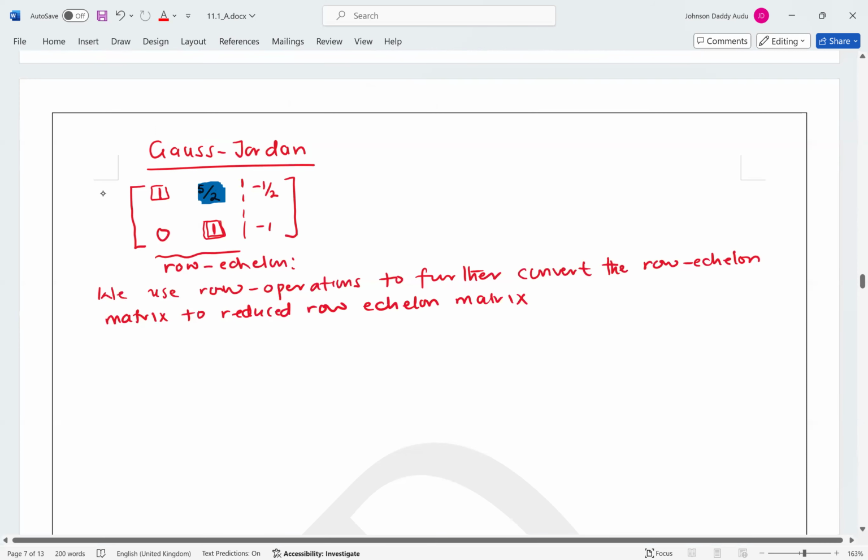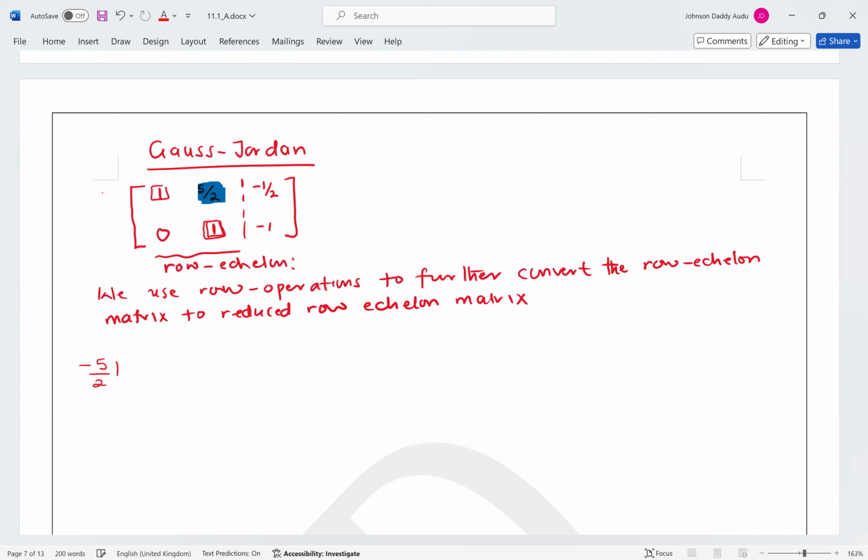So we just take the additive inverse of that number, which is minus 5/2. It's going to be multiplied by R2 plus R1. That will take the position of the entry. Now, remember, the pivot we are dealing with is coming from row 2. So row 2 is fixed.